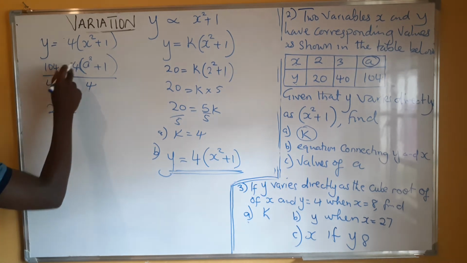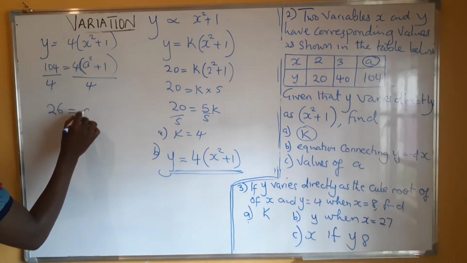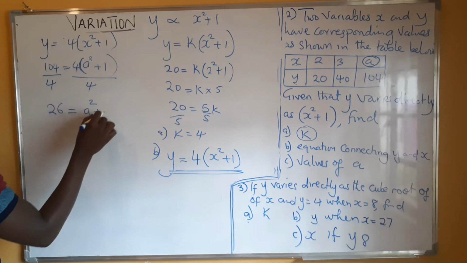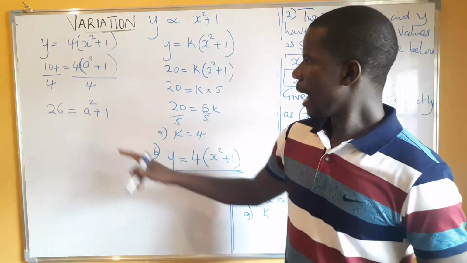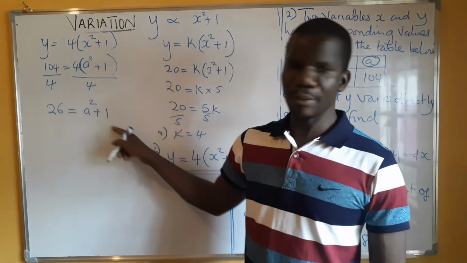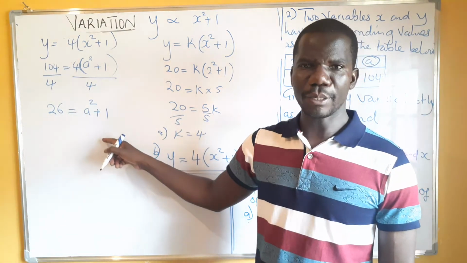Then this side we have a squared plus 1. Are we together? After we have simplified this, this is what we are going to get.